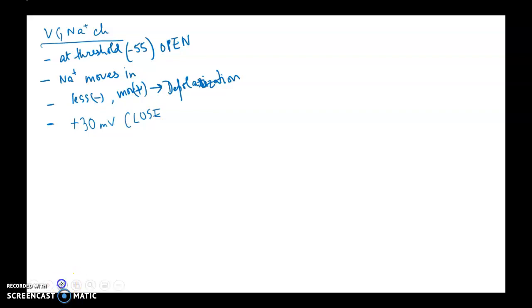The next channel that we will talk about is the voltage-gated potassium channel. When do they open? They open at positive 30 millivolts. As they open, does potassium move in or out? Potassium rushes out. As potassium goes out, are we losing positive charge?